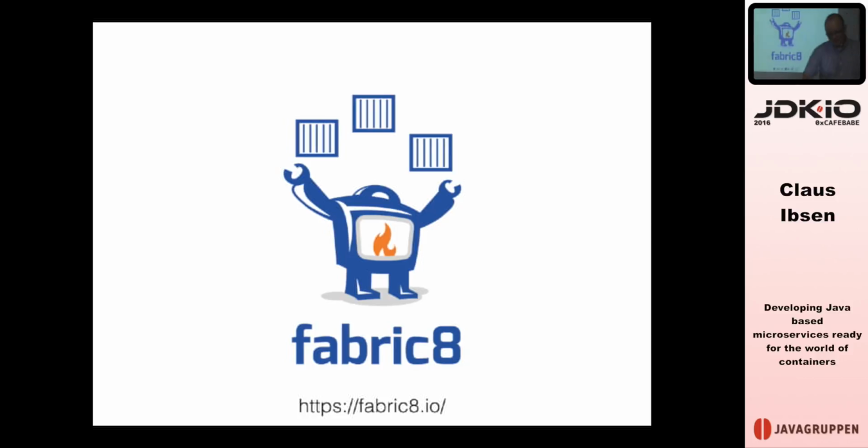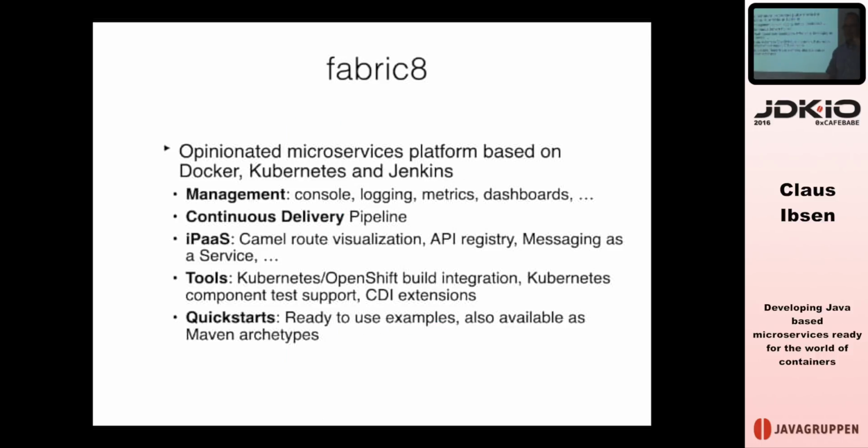So another guy, a robot that juggles with containers, the Fabricate guy. So what is that? Fabricate is an upstream community project that a bunch of us work on. It's on GitHub, it's Apache license, free to use, whatnot, love contributions and so on.